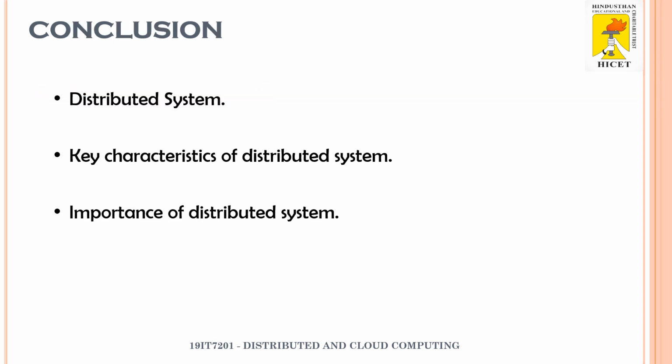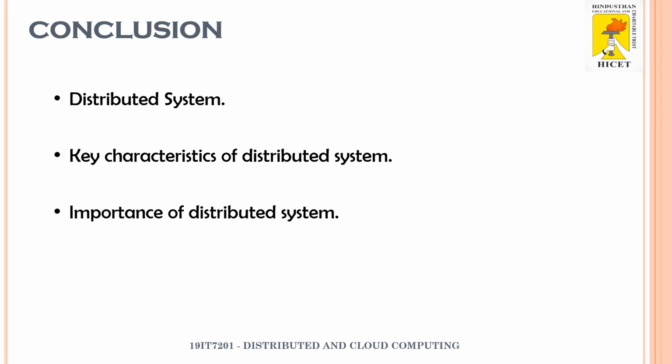Conclusion of this session. In this lecture, we have discussed the distributed system and its structure, how the nodes work with each other, what an autonomous computer is, how they communicate with each other through a computer network, and the very important key characteristics of distributed system. Finally, we have come to the importance of distributed system.